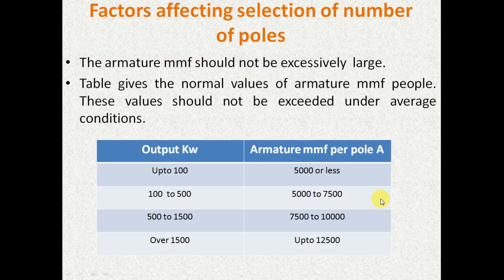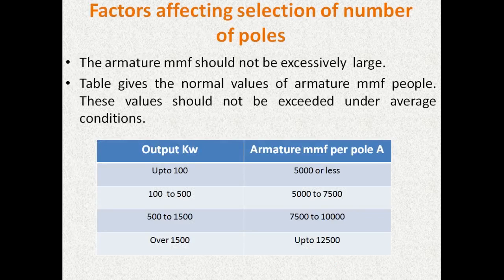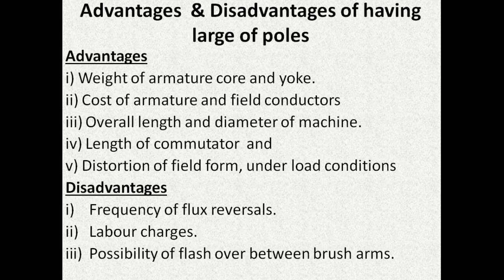The permissible limits of armature MMF for different power ratings of the machine are given here. It must be ensured that these values are not exceeded. If these values are exceeded, the adverse effect of armature reaction will be high. This is the conclusion of all the factors we have mentioned just now.